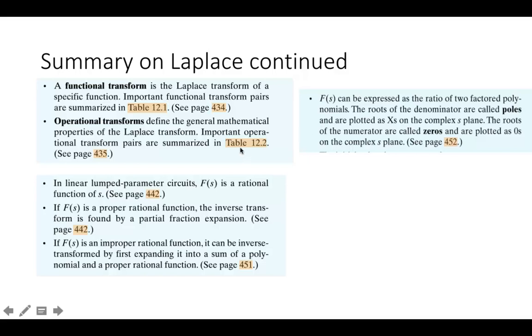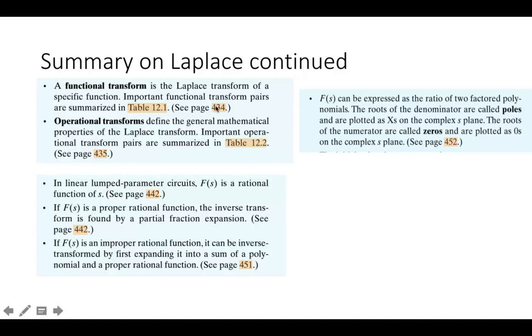Many authors and tables will combine tables 12.1 and 12.2 into a single table. The mathematical properties of the Laplace transform would be things like the derivative property, the time shift property, the property under multiplication by e to the minus at, and so on.